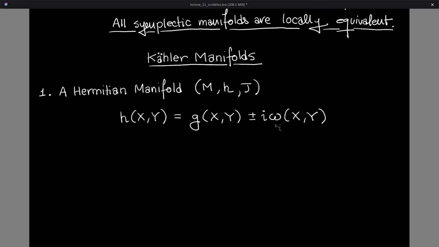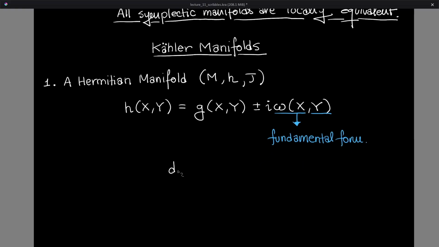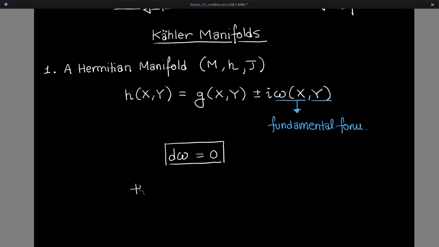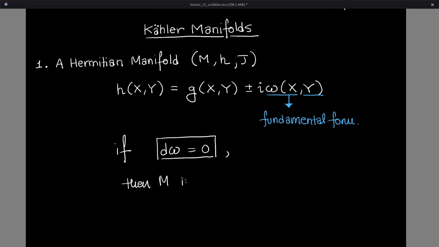This omega is called the fundamental form, as we established earlier. If omega is closed, d omega equals 0, then M is a Kähler manifold.